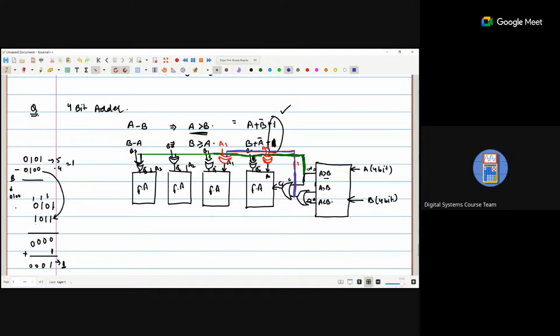Use this one for all four. Now connect XOR gate A3 to this one. Connect XOR gate A2 to this one.